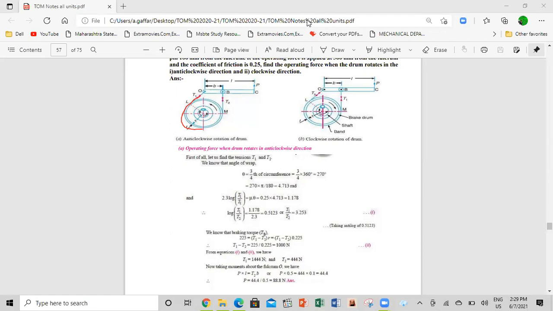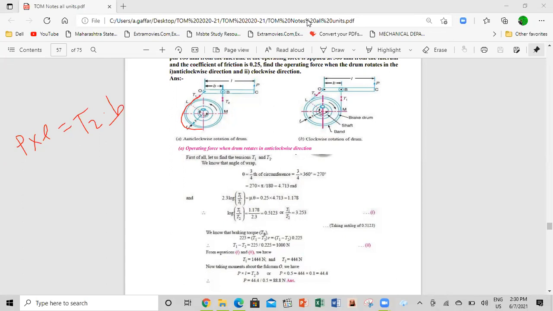So what we get from this diagram: T1 is 0, so take moment at point O. P into distance L is equal to T2 into B. Now put the values.